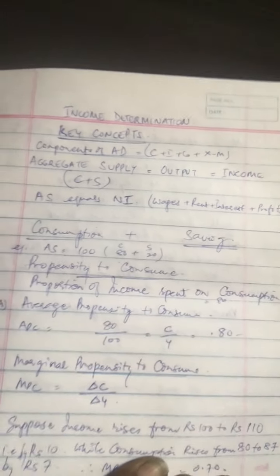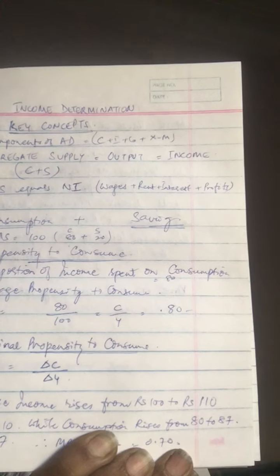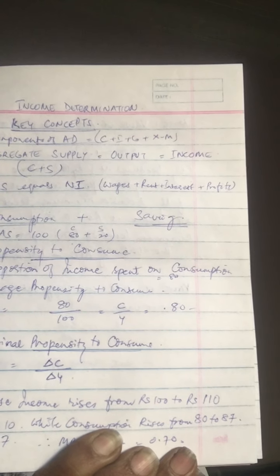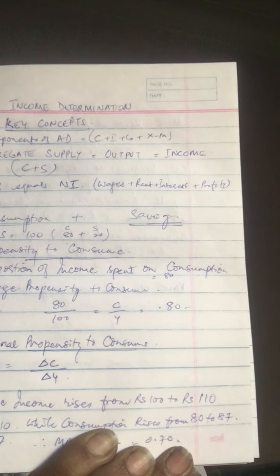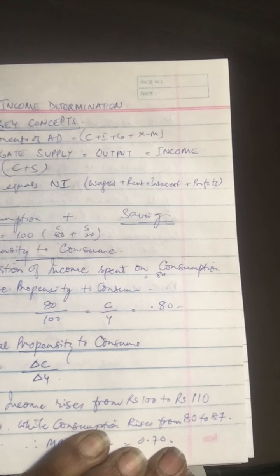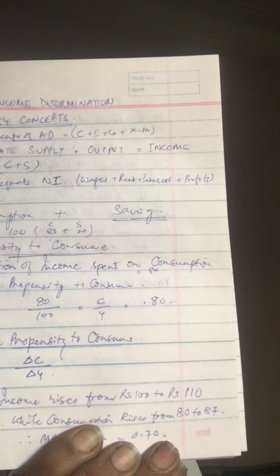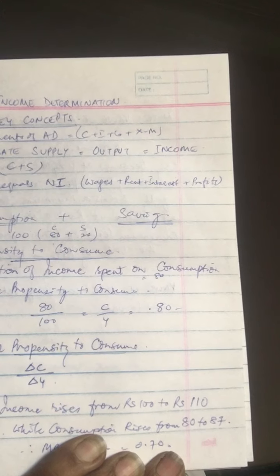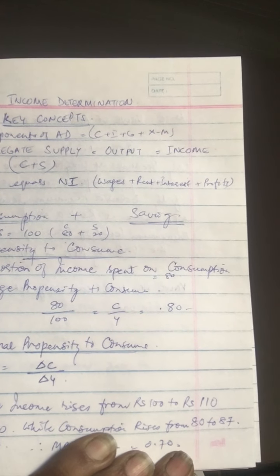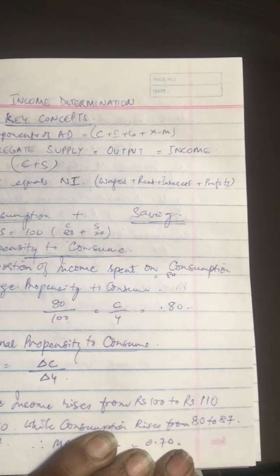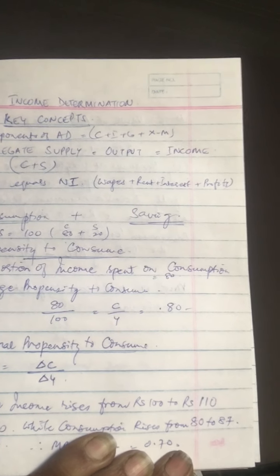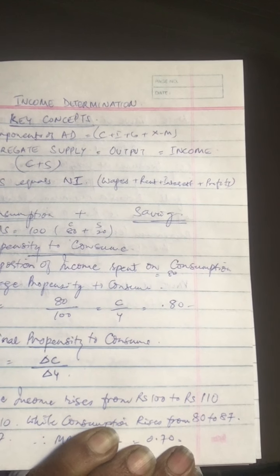What is propensity? It's the inclination. So when I'm talking about propensity to save, again there is average propensity to save. So what is average propensity to save? When the proportion is expressed as a ratio between total saving and total income, it is known as average propensity to save.